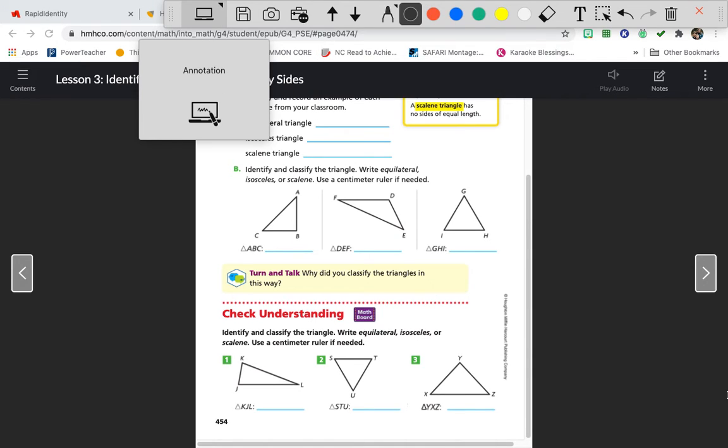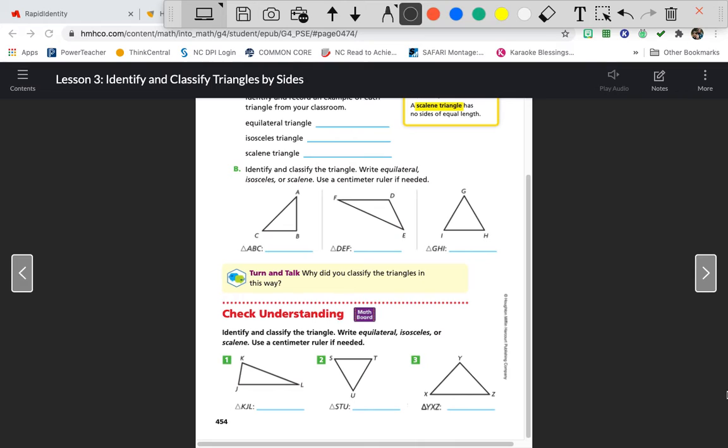So at this point, I'm hoping you've had a chance to do check understanding to see if you understand these three types of triangles. So now let's identify and classify them. Again, you can use a ruler if you need to measure the lengths of each line segment. All right, for our triangle KJL, that would be a scalene. None of the sides are equal in measurement. For triangle STU, notice that all of the sides are equal.